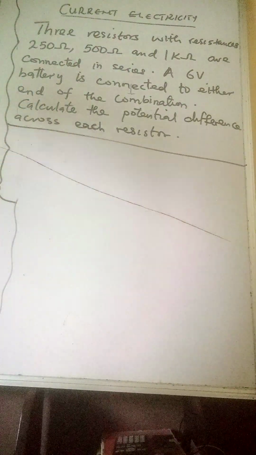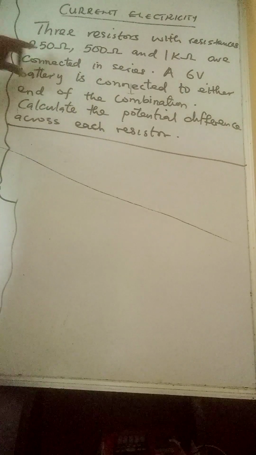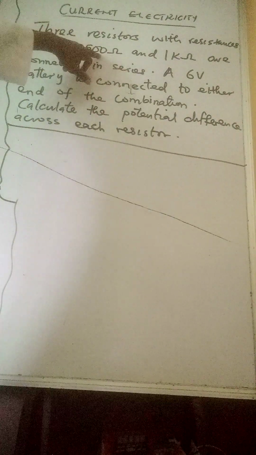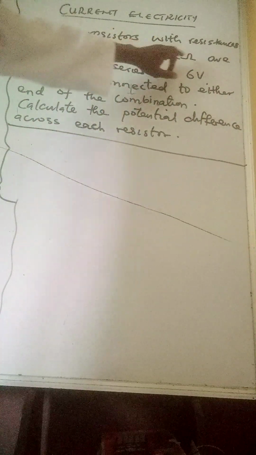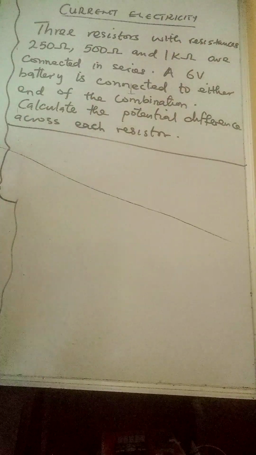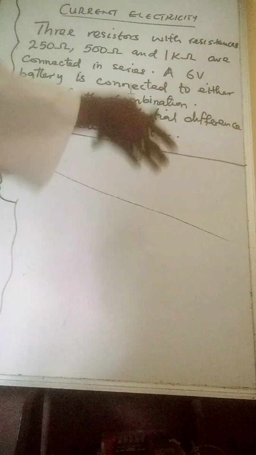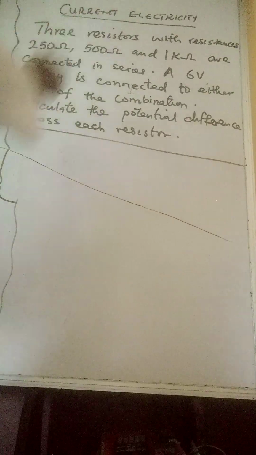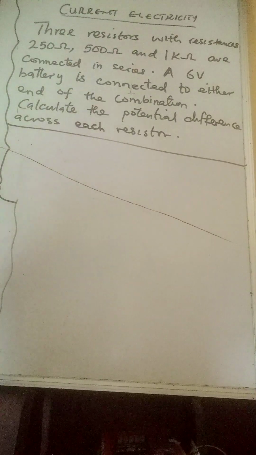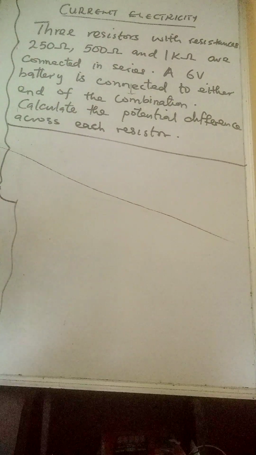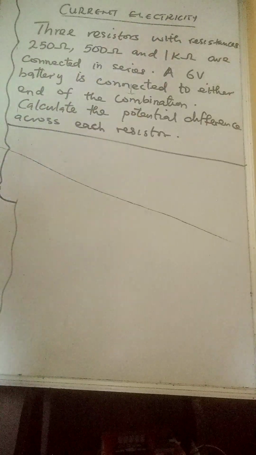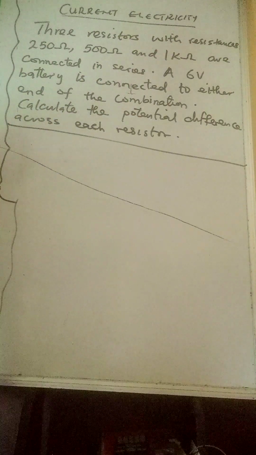The question says: 3 resistors with resistances 250 ohms, 500 ohms, and 1 kilo ohms, K represents kilo, are connected in series. A 6-volt battery is connected to either end of the combination. Calculate the potential difference across each resistor.